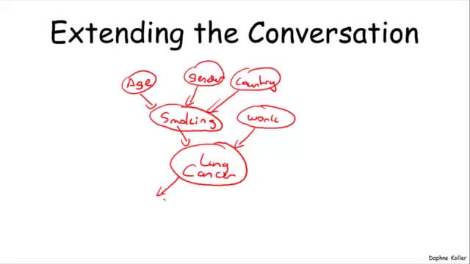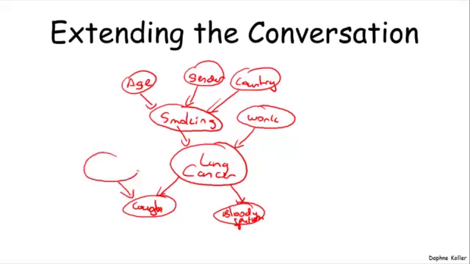And the doctor would tell us, for example, coughing, or maybe bloody sputum, and various other things that would be potential indicators. And at that point, one would say, well, okay, what is the probability of coughing given lung cancer? And again, one would now extend the conversation backward to say, well, other things might cause coughing, for example, having allergies.